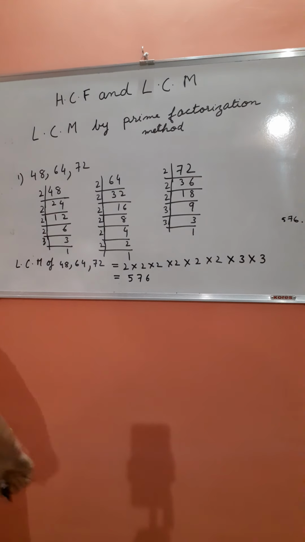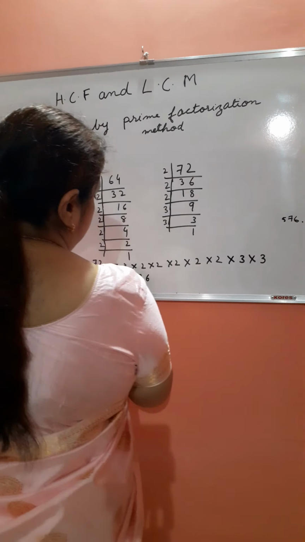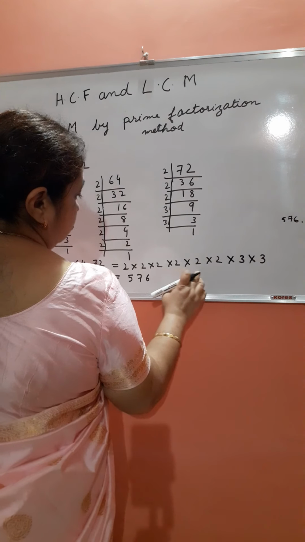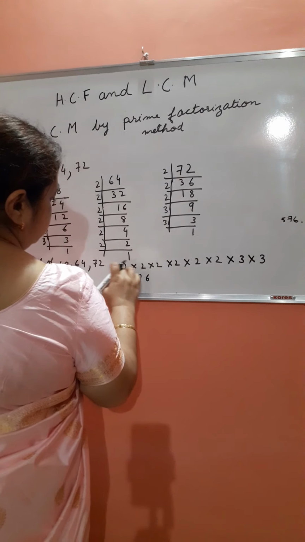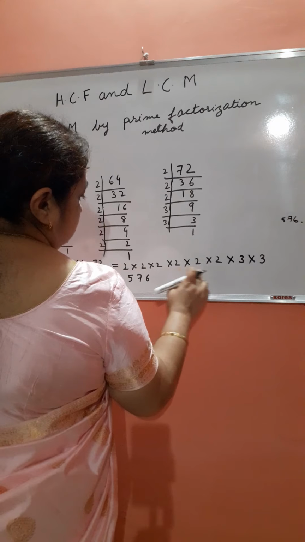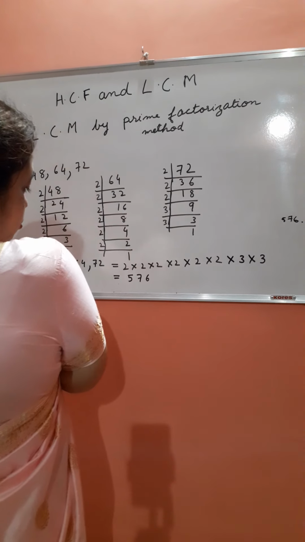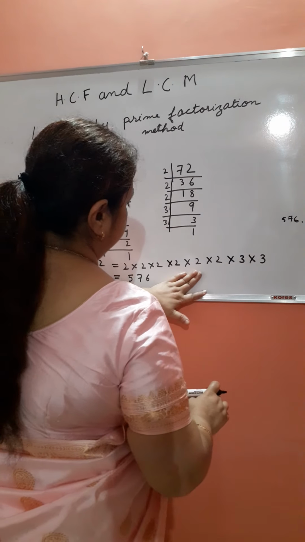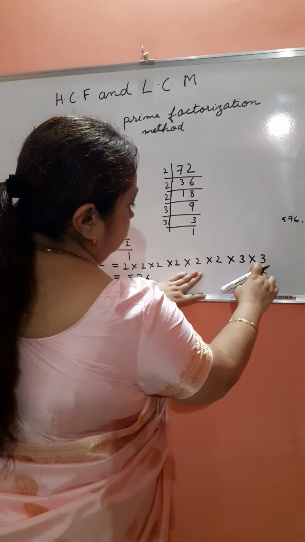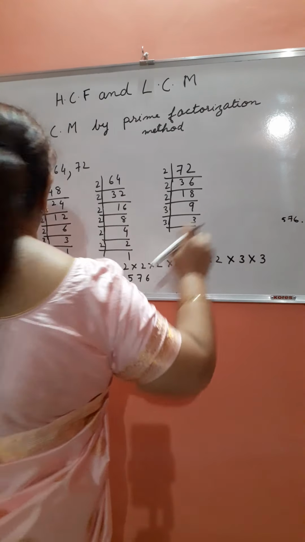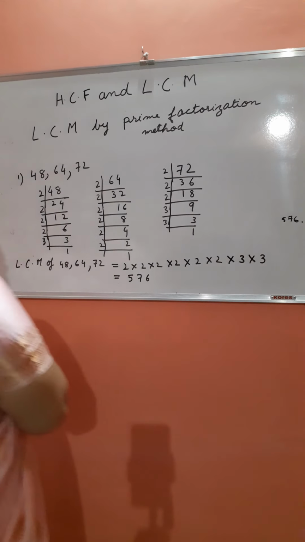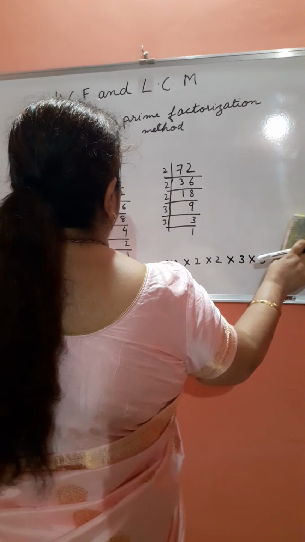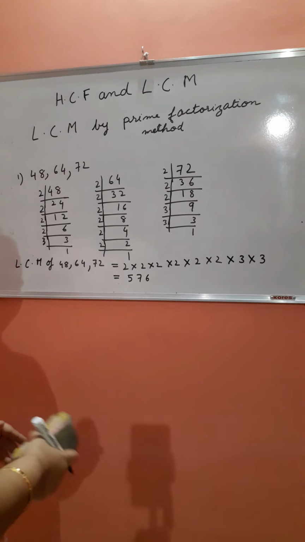See here, last time also we got 6 2s, 1 2 3 4 5 6. So count it, you got 64 last time, and then 64 into 9 is 576. So here we completed LCM and HCF.